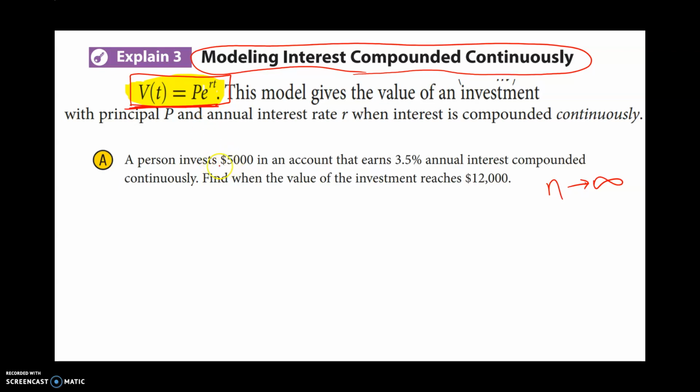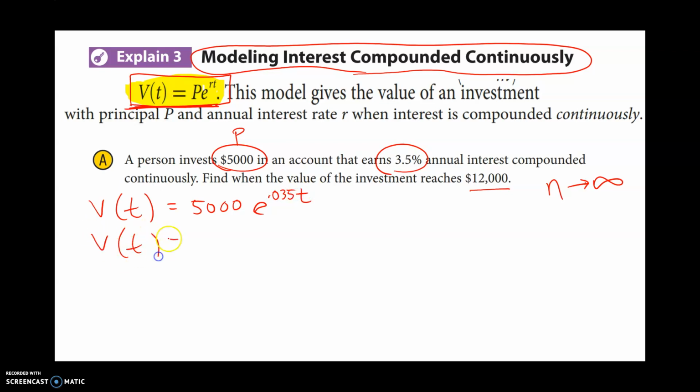So if a person invests $5,000, that's our principal, earns this much interest compounded continuously. Find when the value reaches this. So again, two equations. The first equation will be $5,000 e to the rt. So this is a different equation. Then when will this reach $12,000?